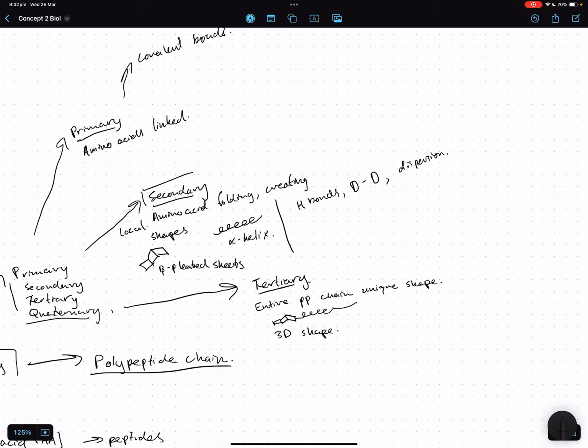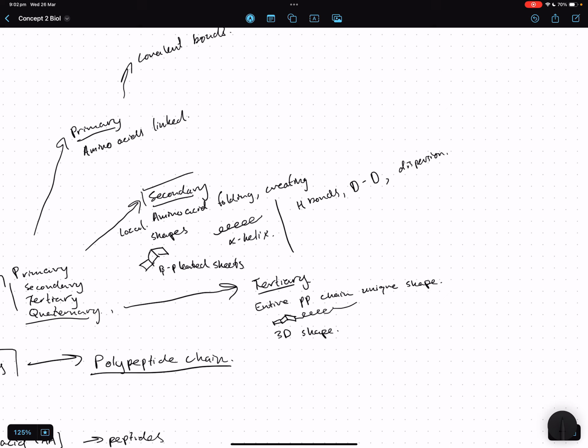So that tertiary shape is the entire polypeptide chain of the protein.